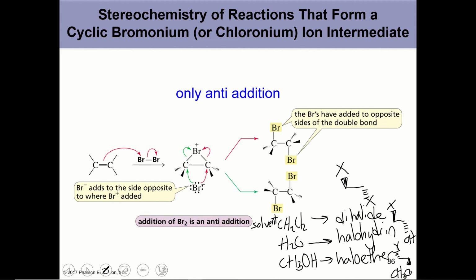Okay, and we would also create its enantiomer with X on the solid wedge and the ether group on the hatched wedge.